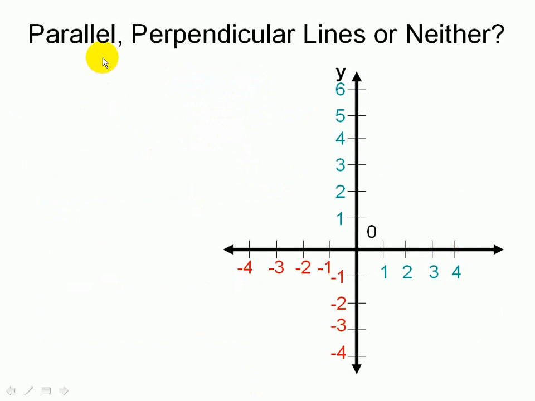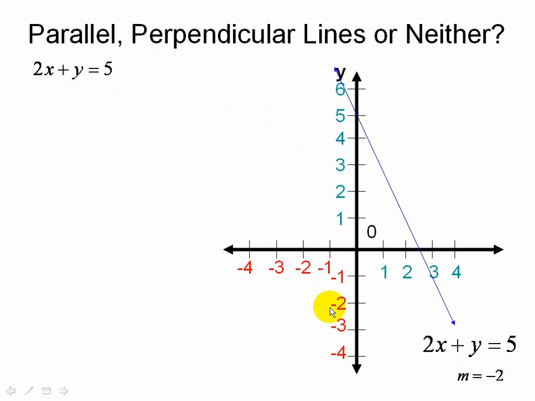So one more final example, parallel, perpendicular lines, or neither. We want to determine whether a pair of lines is either parallel, perpendicular, or neither. So let's say we're given an equation 2x plus y equals 5. And that's described here as a slope of negative 2, which we'll see.